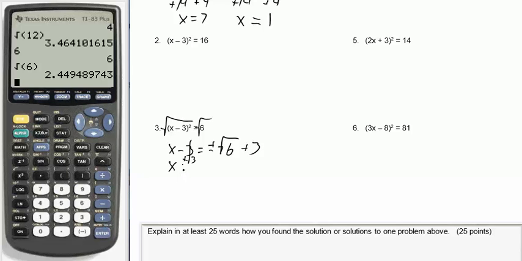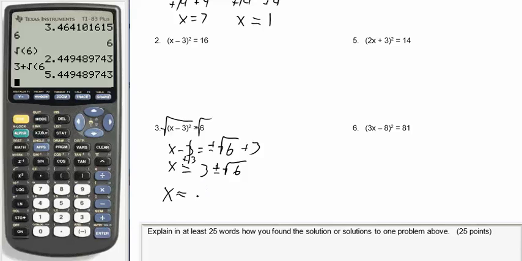So the way you normally are going to see this written is x is equal to 3 plus and minus the square root of 6. So we just solve both of those on the calculator. So x is 3 plus the square root of 6.